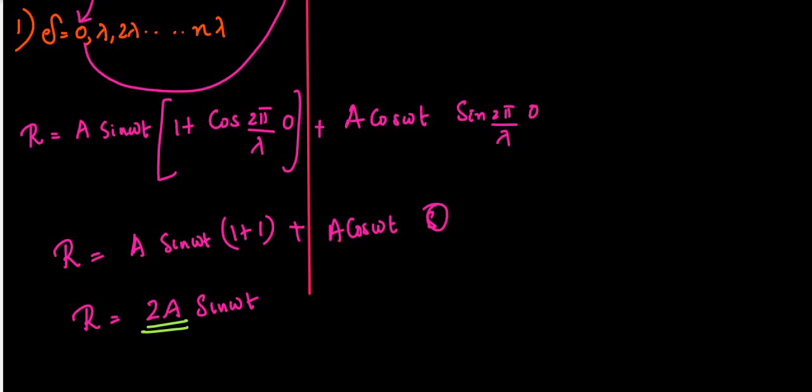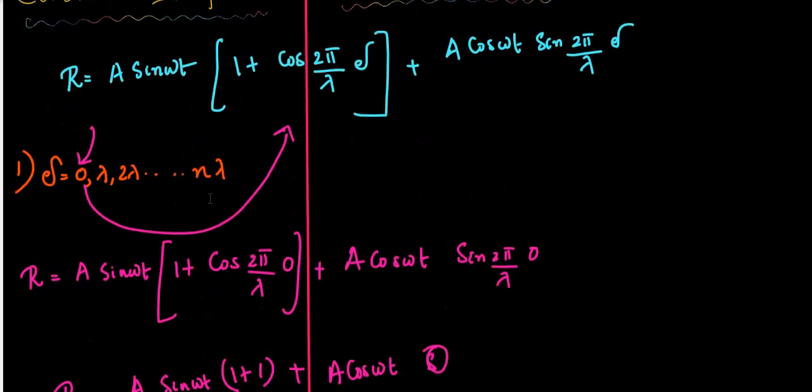Here the amplitude is 2A, and the intensity is proportional to the square of the amplitude. Initially the amplitude was A, but now we have a new amplitude which is 2 times the initial amplitude. So the intensity is proportional to 4A square.